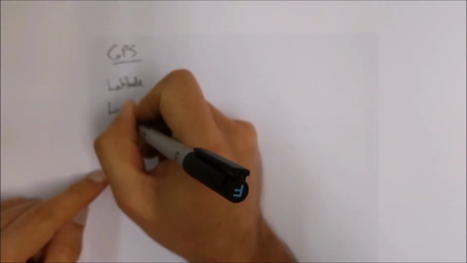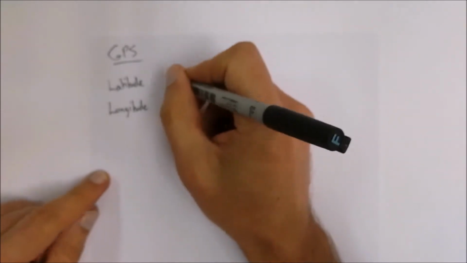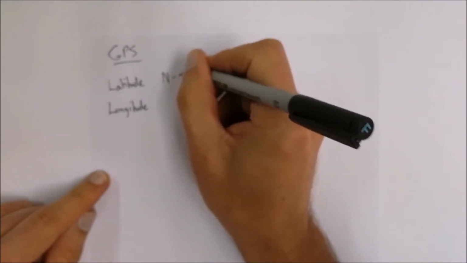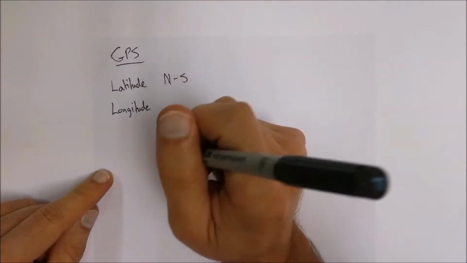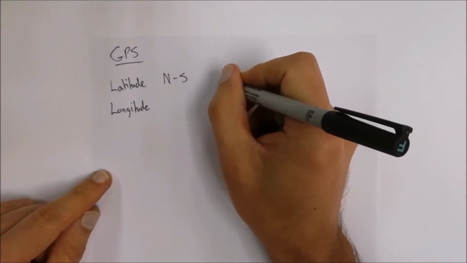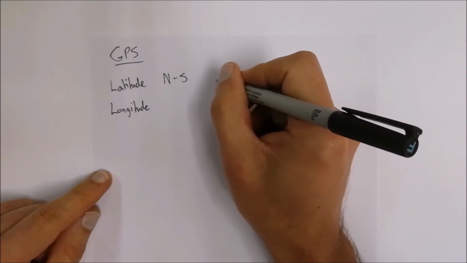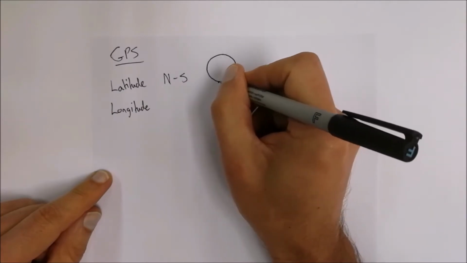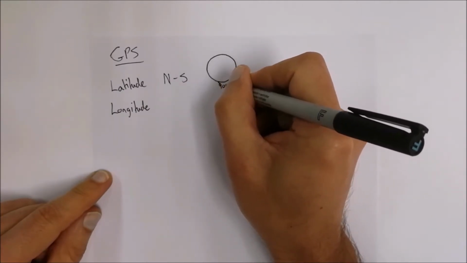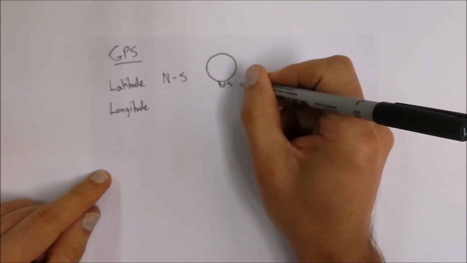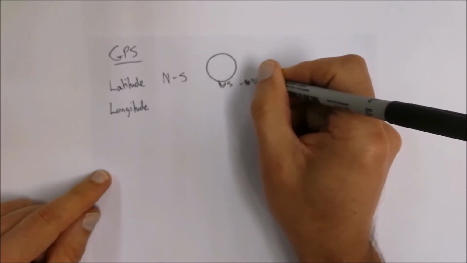Okay, so latitude is how much north or south a location might be. So that's usually, if you look at it from the South Pole, and you're looking at it in terms of a globe over here, that would be at 90 degrees south, or it might also be referred to as minus 90 degrees.